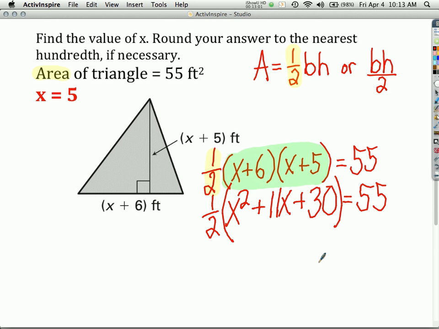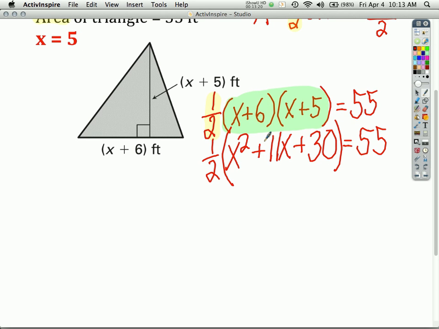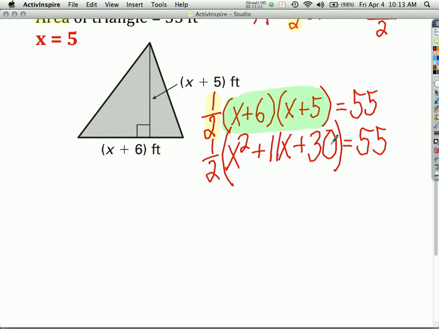So what do you do with the 1/2 that's sitting out there? How do I deal with that? Nathaniel? If you're very, very smart, that is what you will do. If you didn't realize you could do that, then you probably distributed the 1/2 here, which unfortunately becomes very ugly because you end up with a decimal right here.